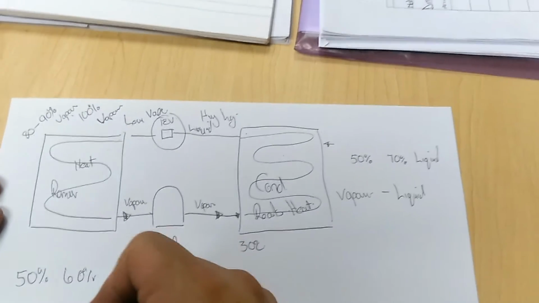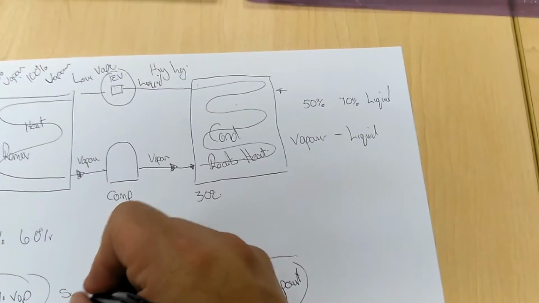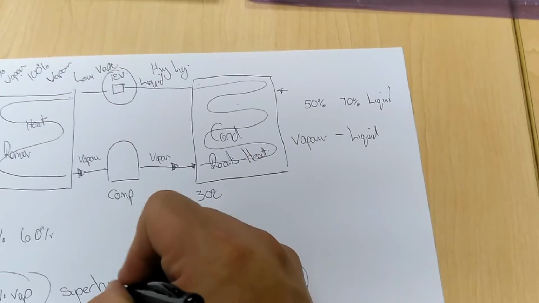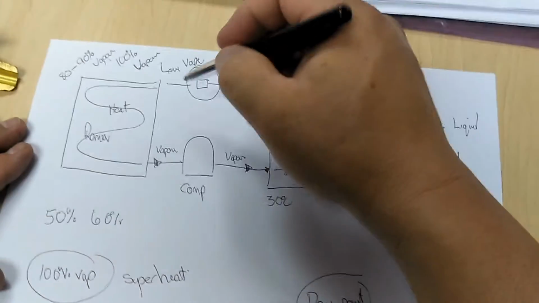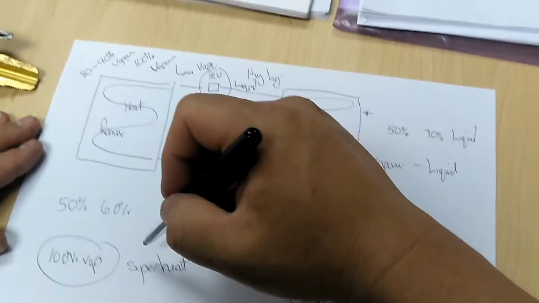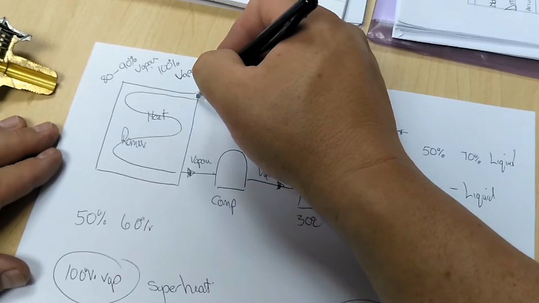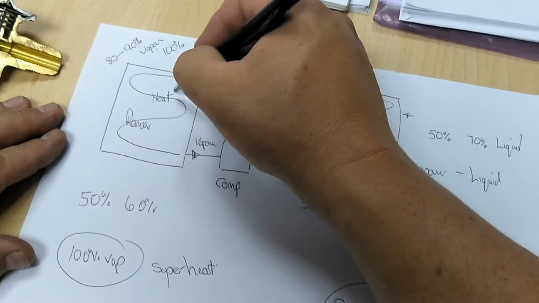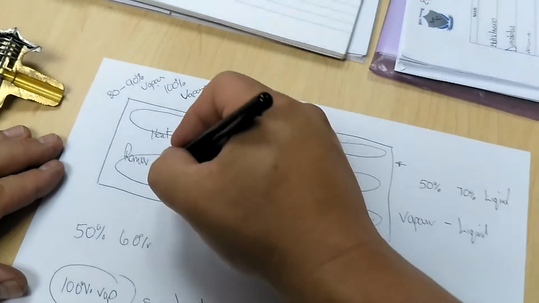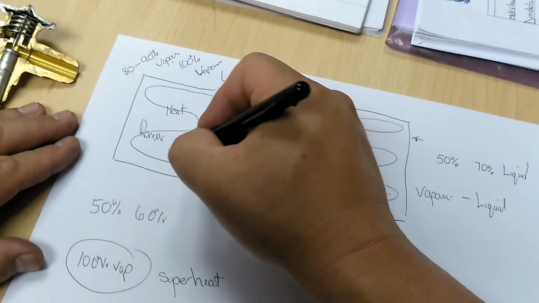We like to call this section superheat. The superheat means that once the refrigerant vapor passes through the evaporator, it adds heat to the coil. It absorbs the heat to the coil.